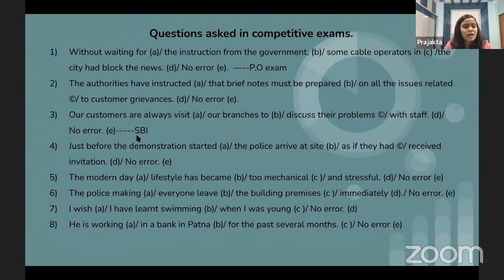Our customers are always visit our branches to discuss their problems with staff. This was asked in the SBI exam. So see this example. Our customers are always visit. Here is the error.